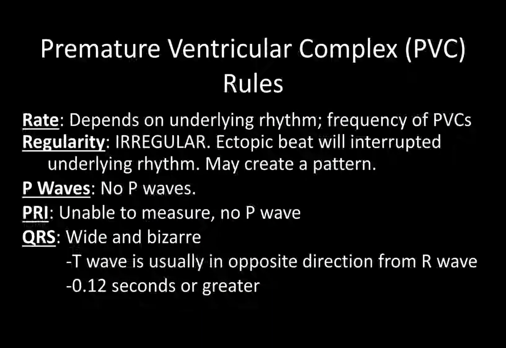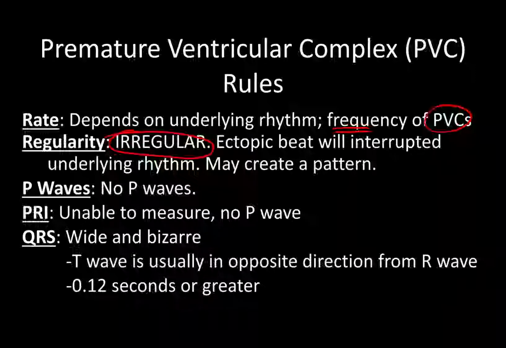Premature ventricular complex rules. The rate really depends on the underlying rhythm and the frequency of the PVCs, because this will disrupt the underlying rhythm. The ventricles are big, and so the electricity that they put off when they depolarize is enough to throw the rest of the heart kind of out of step.